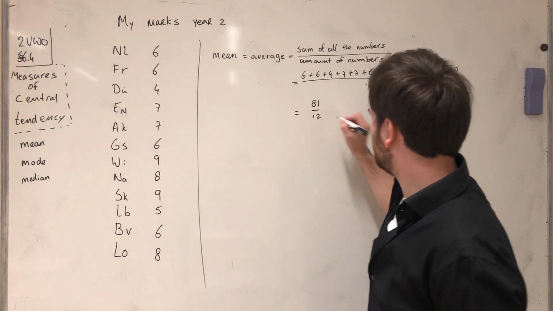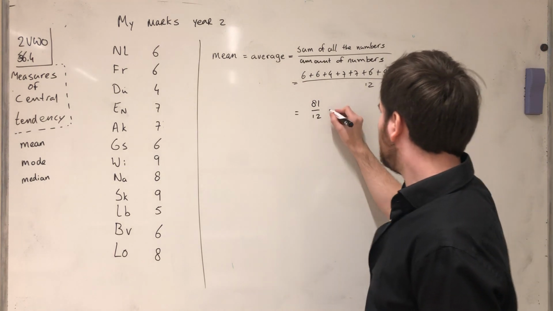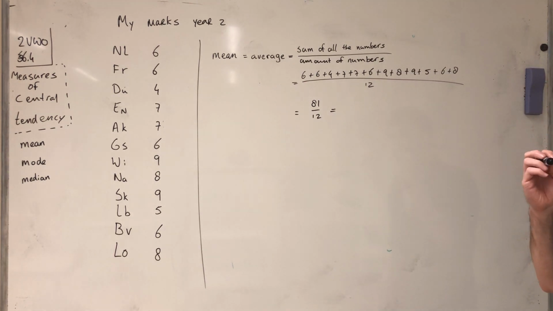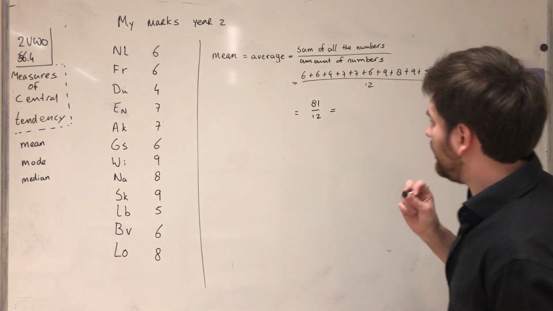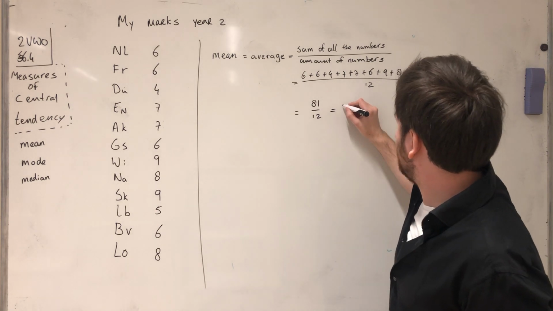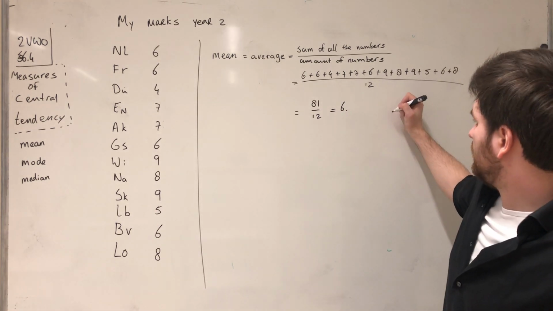Maybe I should have tried to calculate this beforehand, but let's try it this way. And if you calculate this, this is usually the point where I make a mistake. You'll find that this is 6 point.